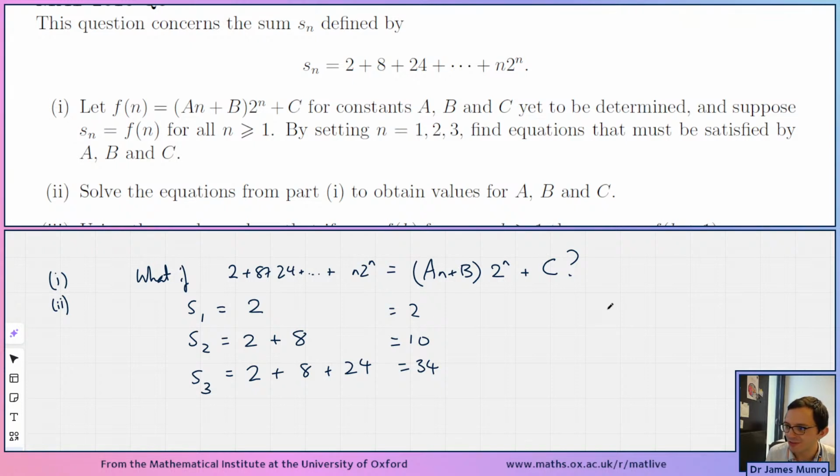So if you got 1, 0, 0, then it's probably because you put in 2, 8, and 24 instead of 2, 10, and 34.